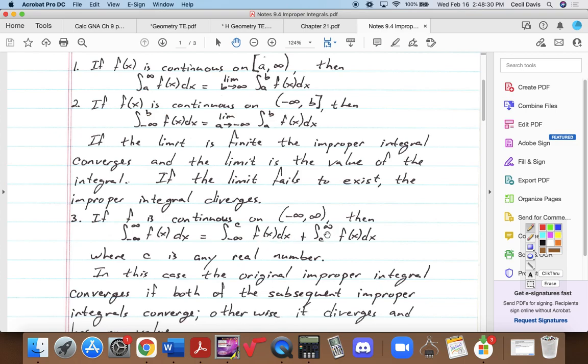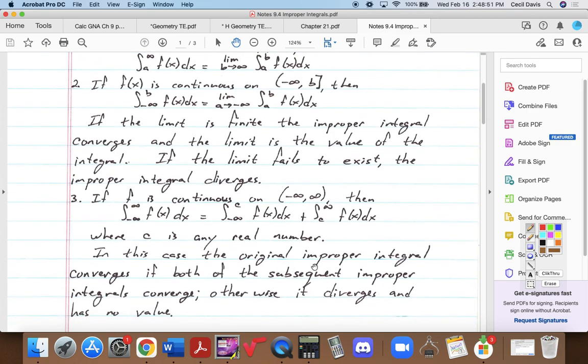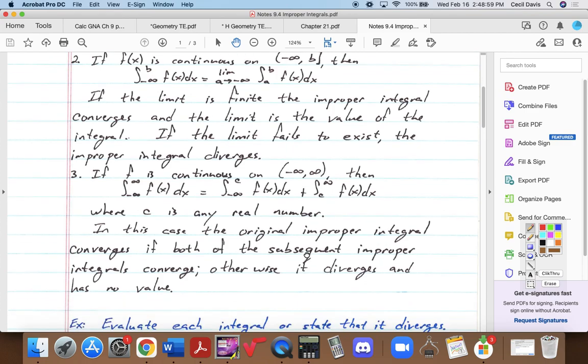If either one of them diverges, game over, the original diverges. We'll talk a little bit more about that as we go, but I can remember that got me into trouble with one particular kind, and I'll point it out. I can't remember if we get to it today or if it's later. So again, the original improper integral converges if both of the improper integrals converge. Otherwise, it diverges and has no particular value.